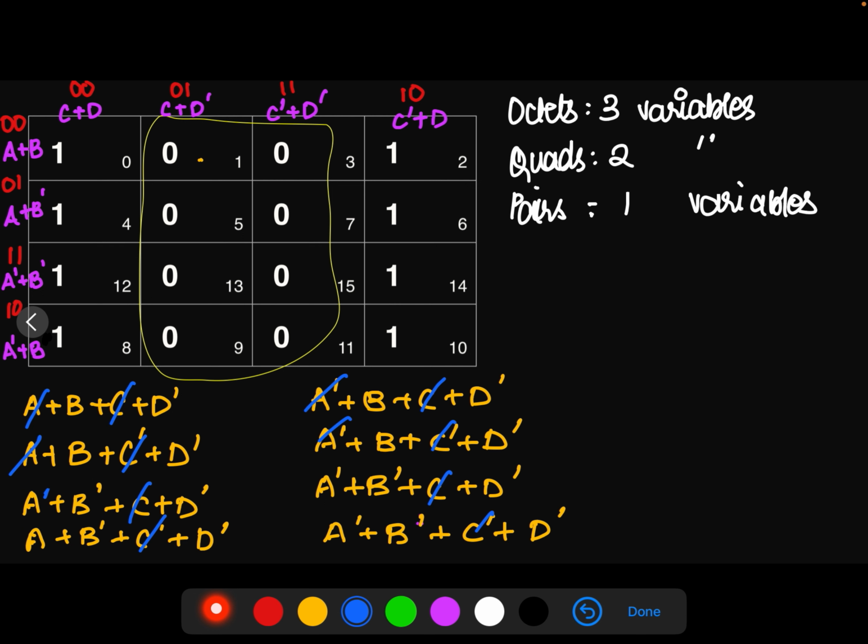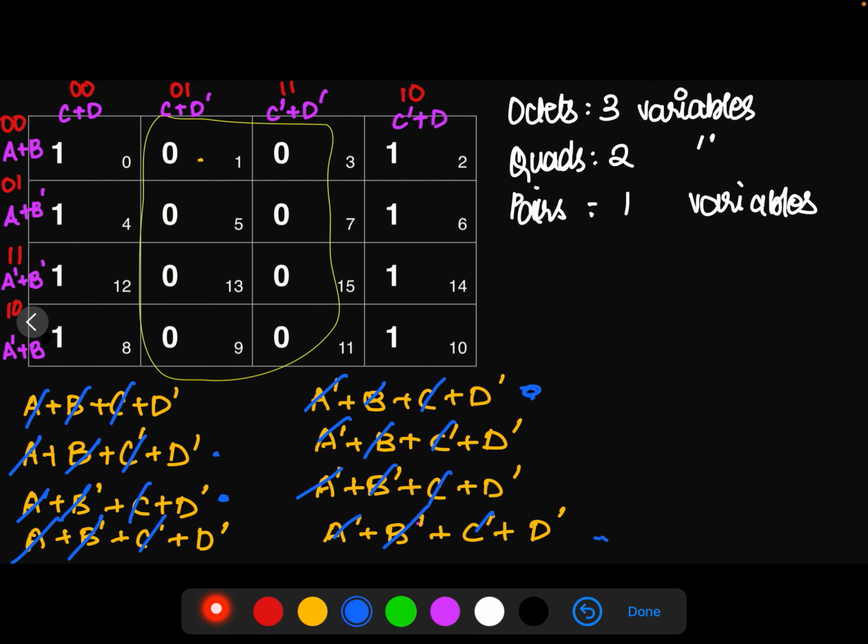Similarly over here, and here, and here. Correct. Then we can take, say, this and this. What can we eliminate there? B dash. Then this and this, and this one here and this one here, B dash. Similarly over here as well.